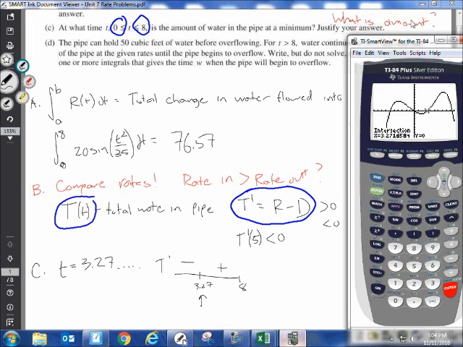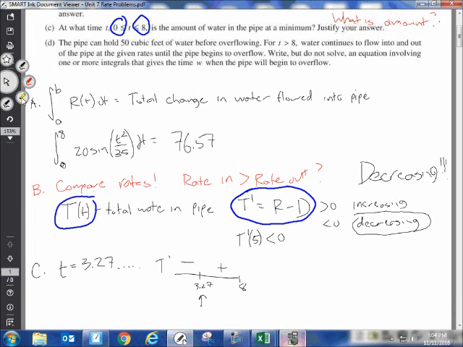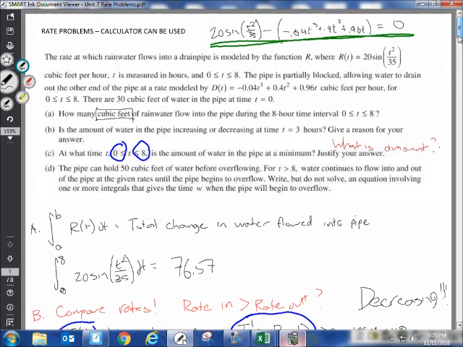If I want to find the minimum value, we did exactly what we learned last lesson. What we learned last lesson is if I want to find my total amount at this time, I will use a given known value. Do I have a given value for the total amount of water in the pipe? What is it? 30, right? It was given in the question. We started with 30 cubic feet of water, okay?